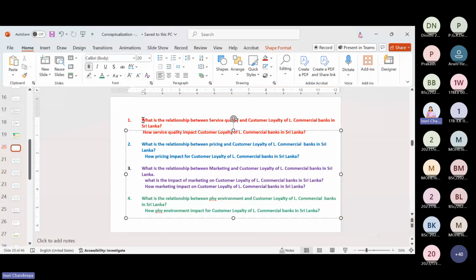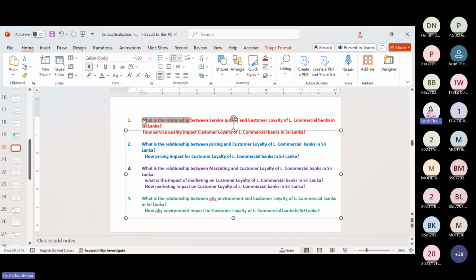The same standard should be there. For example, if you have started with what is the relationship, you need to write down the other three questions with what is the relationship between. So that means the standard should be there. A standard in the sense you have to develop the questions in the same manner.